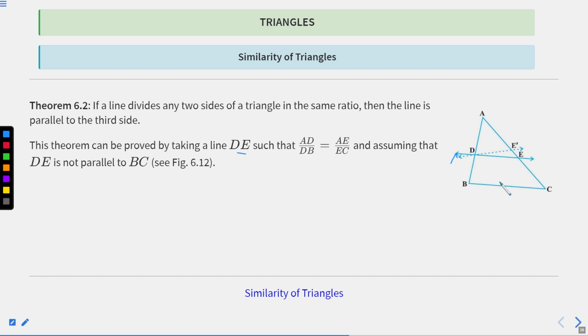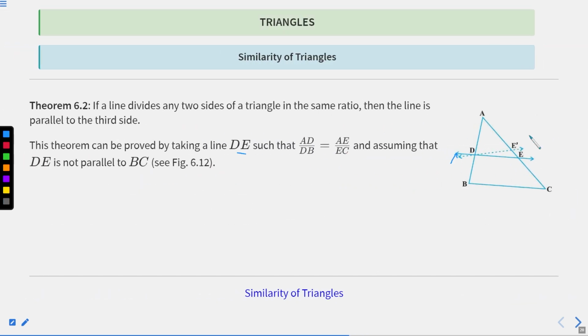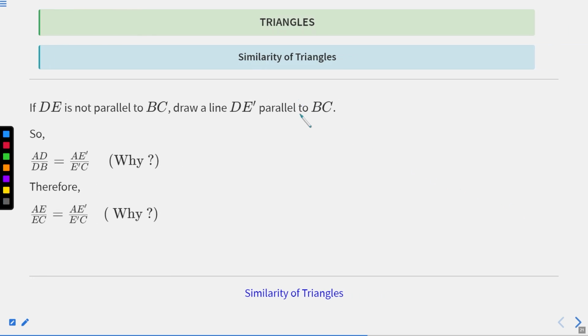So here we take the opposite, by contradiction. If DE is not parallel to BC, draw a line DE dash which is parallel to BC.